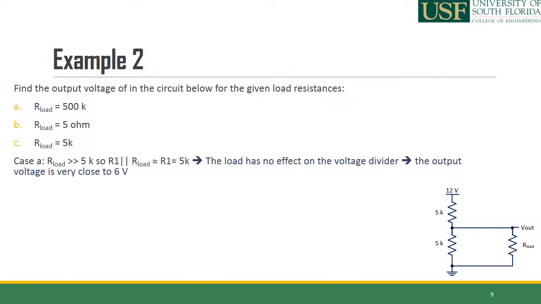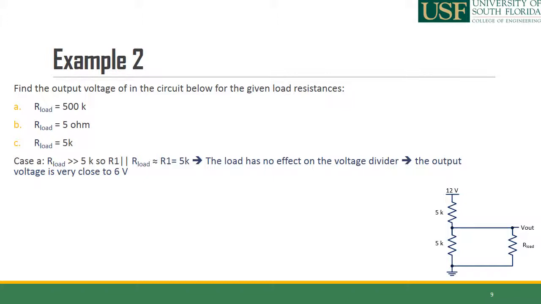If we want to solve a circuit like this, we need to first figure out the equivalent resistance of the 5 kilo ohm in parallel with our load. If we have a 5 kilo ohm resistor and we put a 500 kilo ohm resistor in parallel with it, our load is significantly larger than 5 kilo ohm.